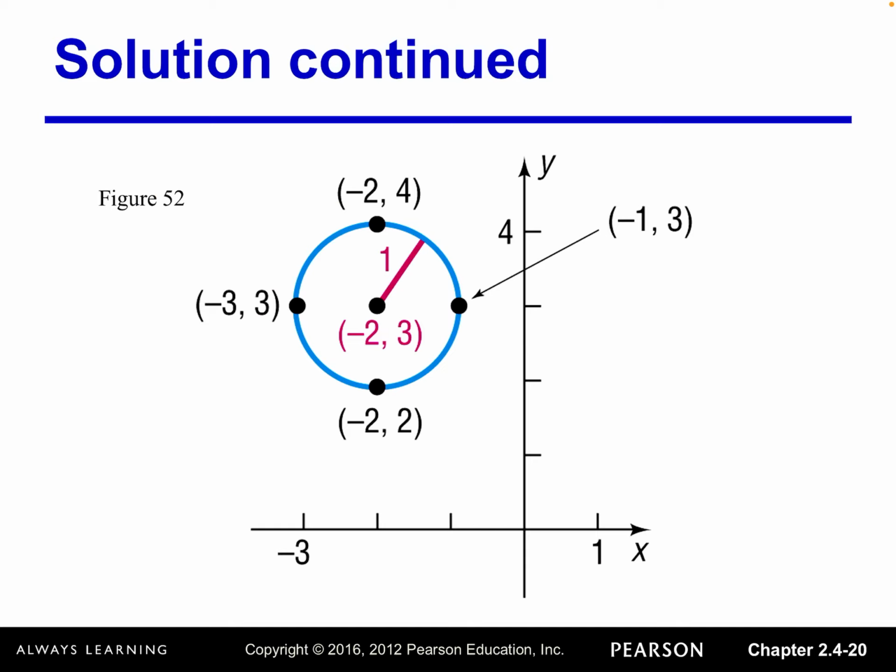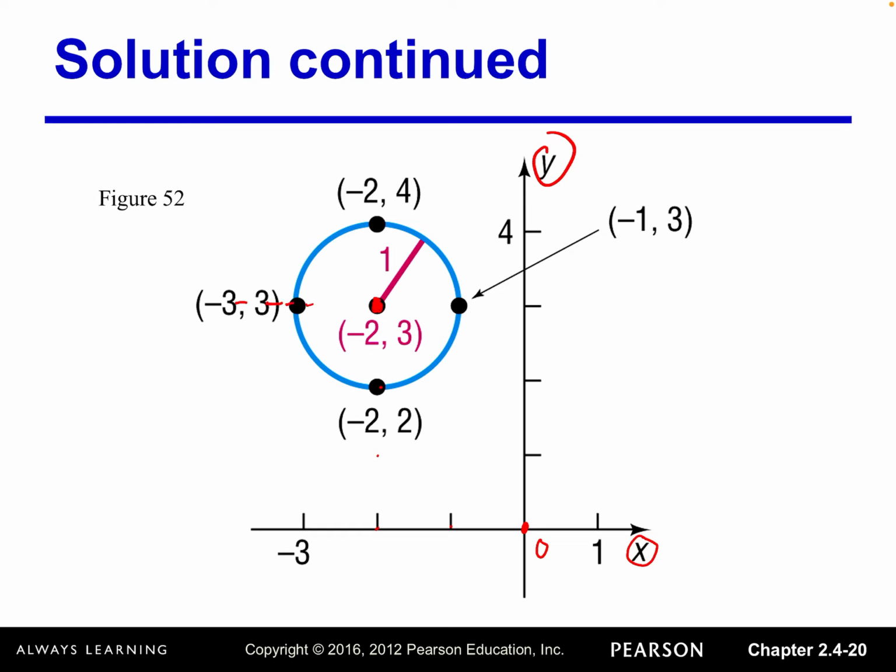So first, set up the rectangular coordinate system, x-axis, y-axis, and the origin (0, 0). And then plot the center of the circle, (-2, 3). So from the origin, go left 2 units, and then go up 3 units. Okay, so here is the center of the circle with coordinates (-2, 3).